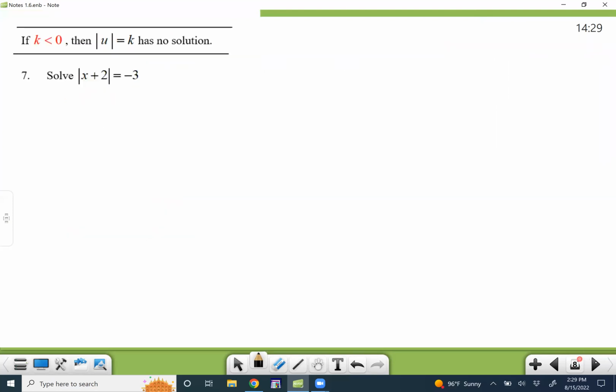Okay, let's move on. Now, whenever you have the absolute value of x, any absolute value equaling a negative, these are my favorite because I don't need to do anything. The answer has to be no solution, because we just said that absolute values turn everything positive.